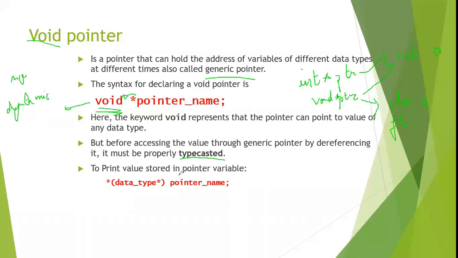To print values stored in a pointer variable, this is how we do the typecasting. Let's suppose the pointer is pointing to x, which is 7. I say void *ptr.